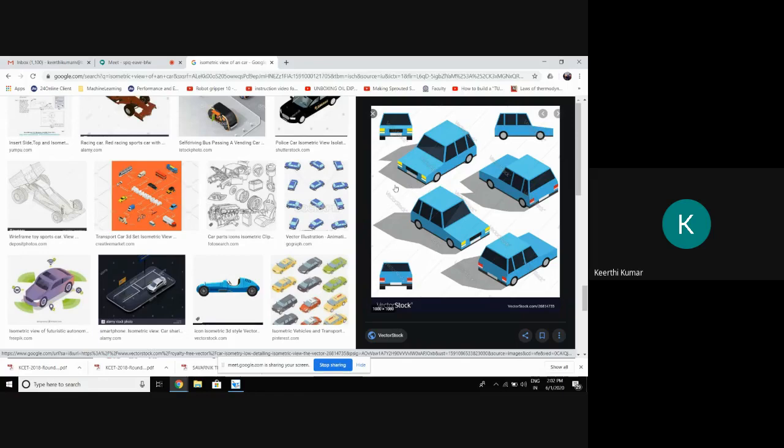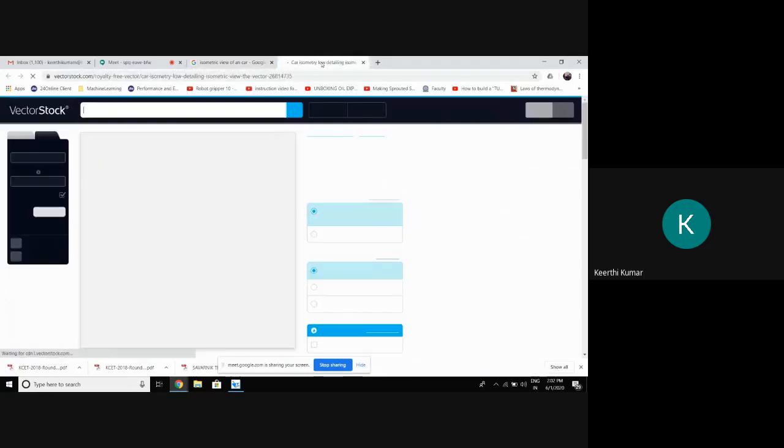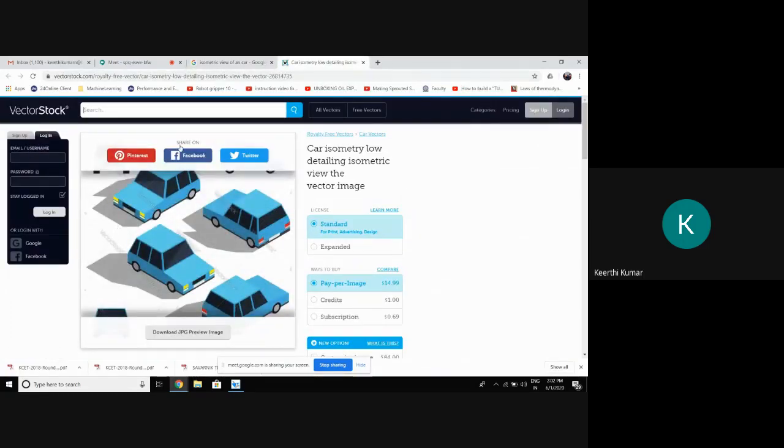Understanding what I'm telling? If I draw one horizontal line here to this point, and if I measure the angle between the horizontal line and this line, it will be 30 degree, and this side also it will be 30 degree. Here also, if I draw a horizontal line, this will be 30 degree. So it is called isometric projection.